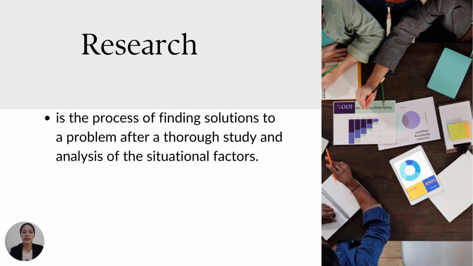For example, you are planning to buy a new gadget, a new cell phone to be specific. Before you buy a unit, you are going to do research first, because of course you are going to consider a lot of factors, like the battery should be long lasting, the operating system, the camera should be clear, and the memory also, and a lot more.